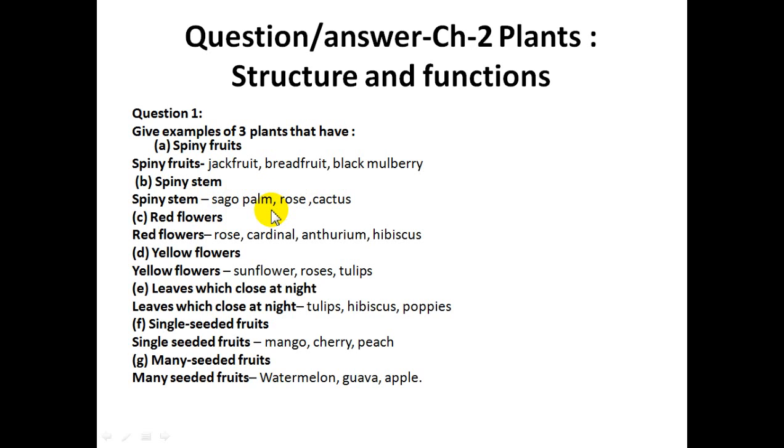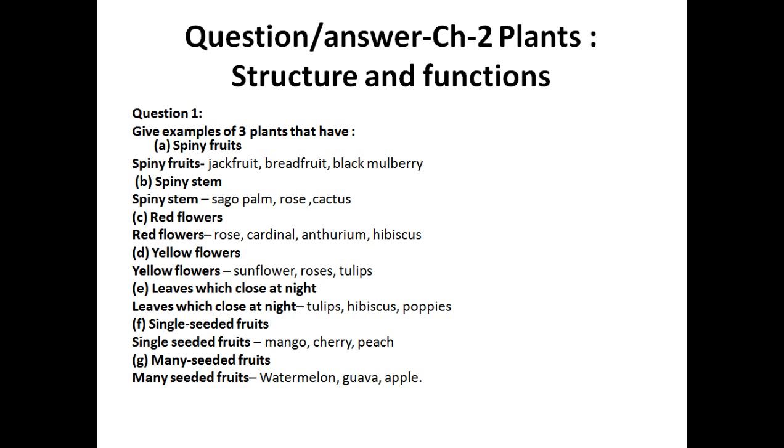Sago palm is also a kind of plant where you will find spines on the stem. I think you have seen this very commonly. It is found in most societies. This plant is grown in gardens. It is just a show plant, sago palm, but it has spines on its stem.